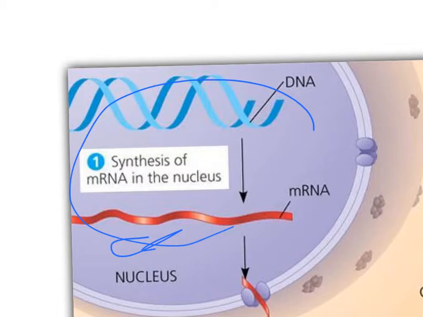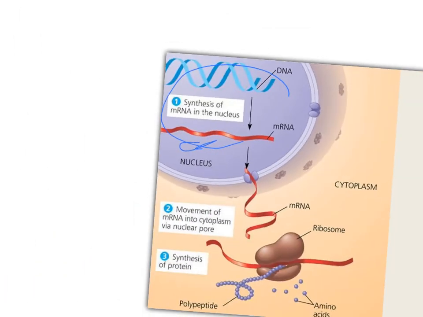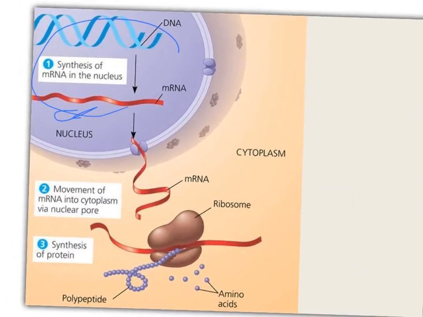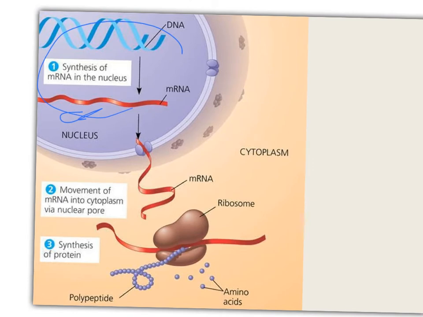So what I mean by transcription is that this is a cytoplasm. That's the outside of this. That's not the outside of the cell, but it's the outside of the nucleus, where all the mitochondria are. And inside is the DNA. So what happens is the DNA has to be transcribed into a single strand of RNA.